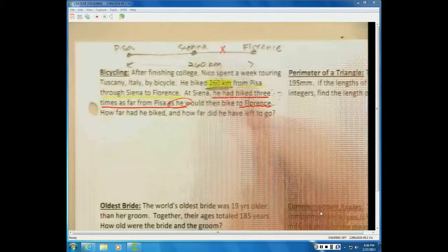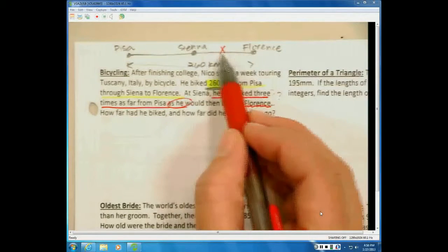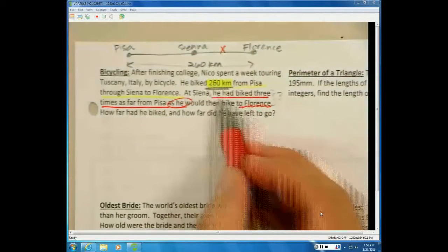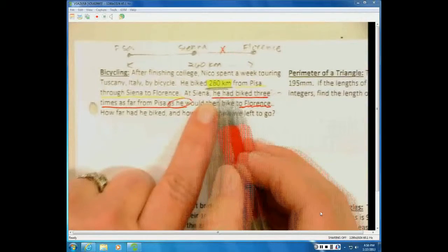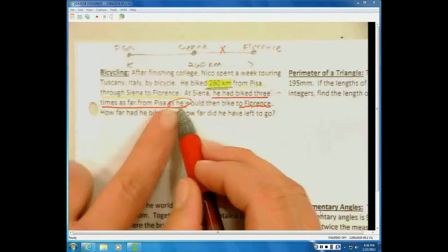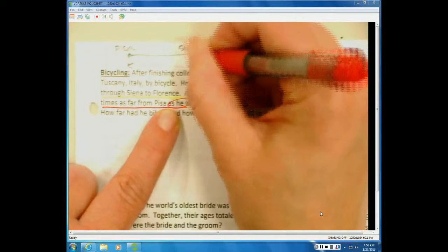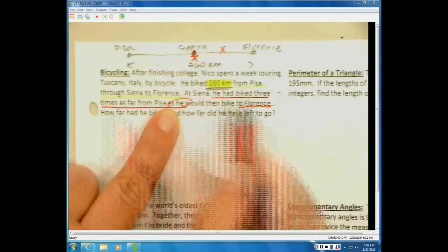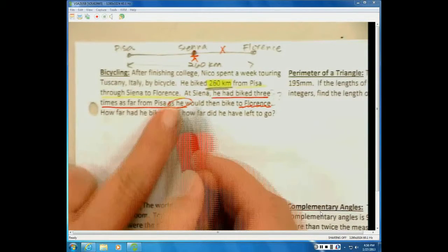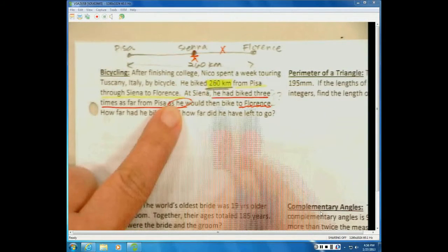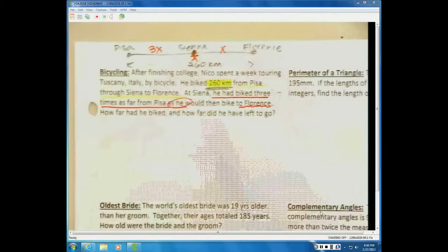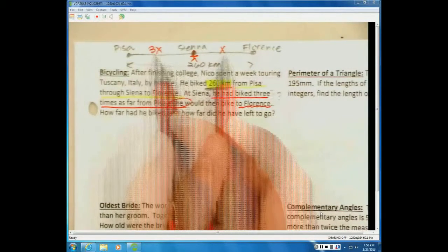If Siena to Florence is X kilometers, then it says he had biked 3 times as far from Pisa, right? Because he is here. Here's our little man at Siena. He had biked 3 times as far from Pisa as he would have to bike to Florence. So he has traveled 3x.